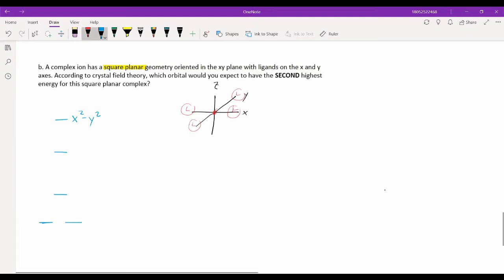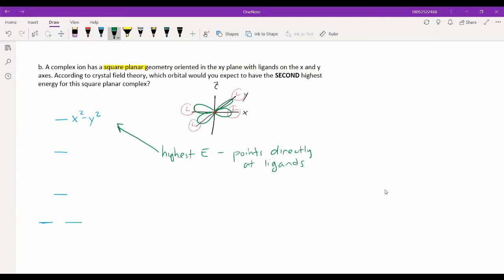So if I think about this one, let's maybe make it green. That's pointing directly at the ligands because the lobes of the orbital are on the x and y axes. So this is going to be highest energy because it points directly at ligands.